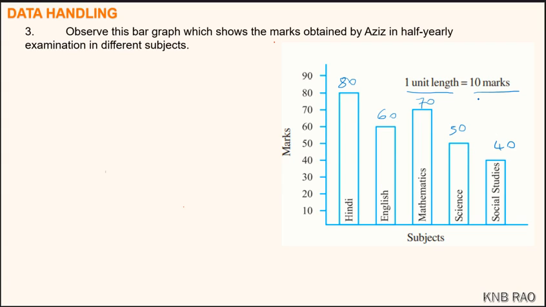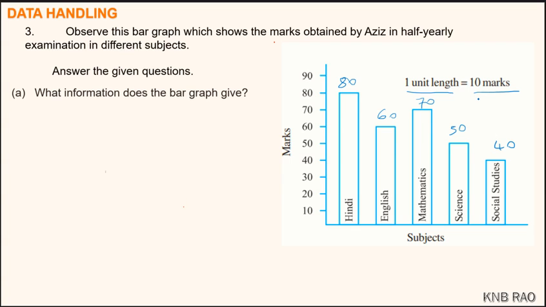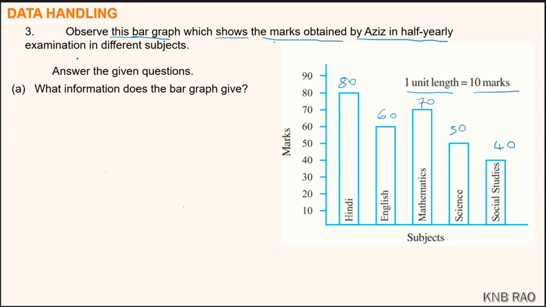Now we shall answer the questions based on this data that we read. Answer the given questions. Question number 1. What information does the bar graph give? Very simple. From the question itself we can say this bar graph shows the marks obtained by Ajij in the half yearly in different subjects.